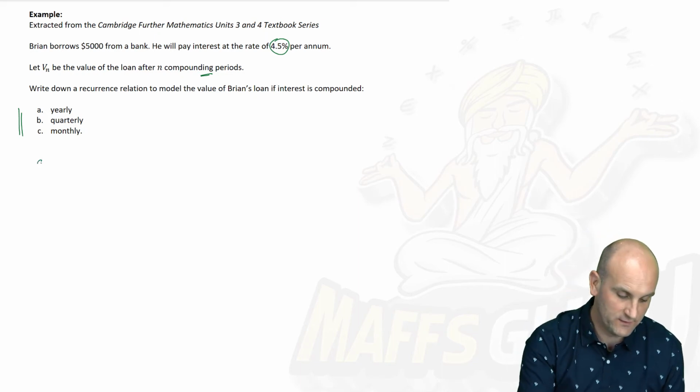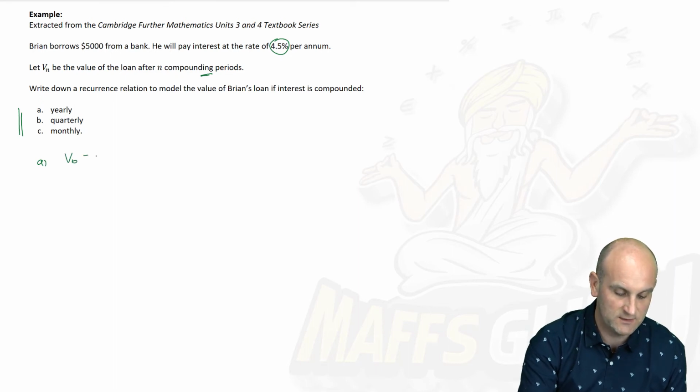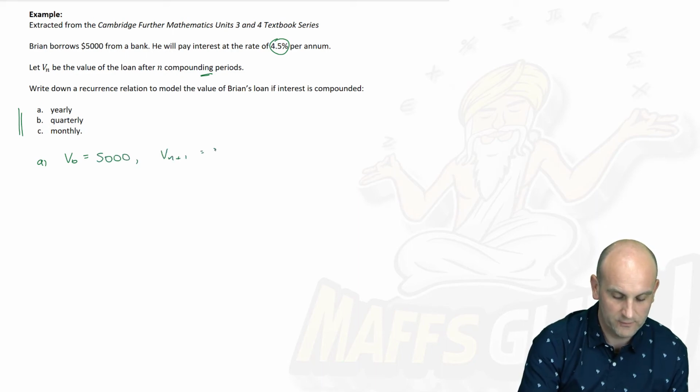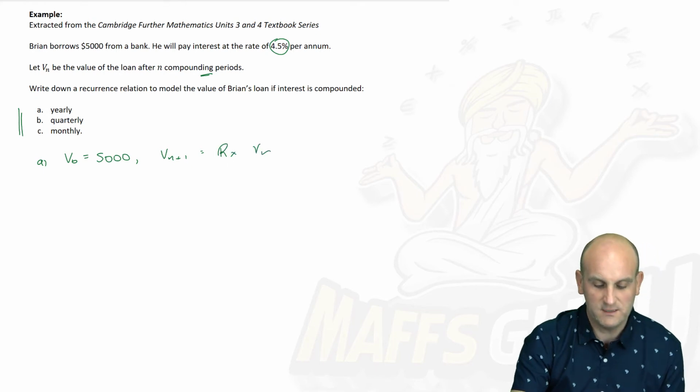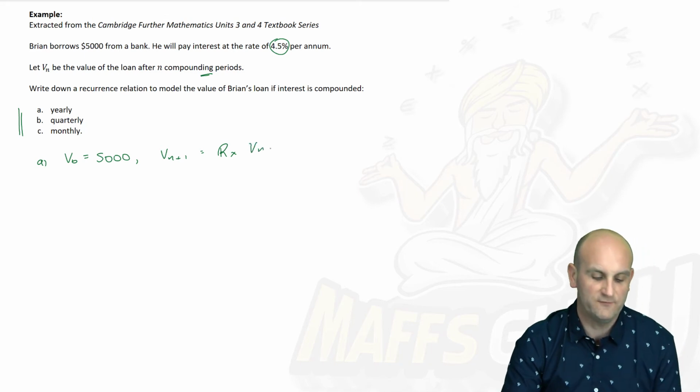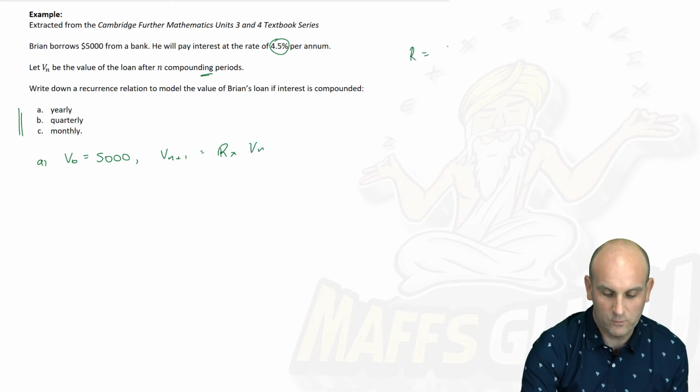All right, so first things first. A, yearly, we know the recurrence relation starts V0 is equal to, the original amount was $5,000. Comma. V of n plus 1 is equal to R times V of n. So I'm going to work out the value of R. R is equal to 1 plus r over 100.